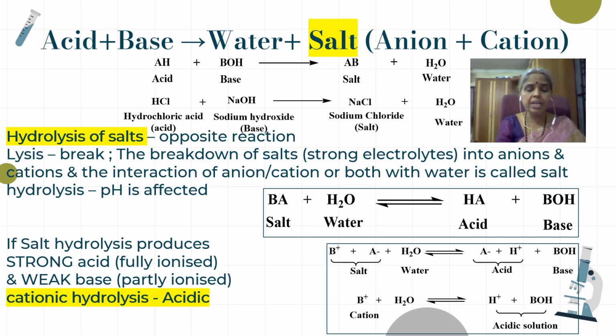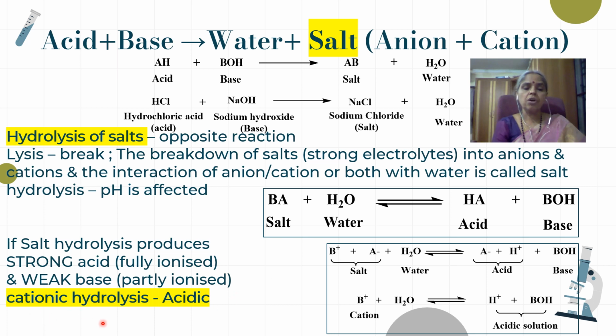So when will salt hydrolysis lead to an acidic solution? An acidic solution is produced when HA is the acid and BOH is the base, and HA is very strong. The strong acid is fully ionized to form A- and H+, but the BOH is intact; it stays as BOH only.